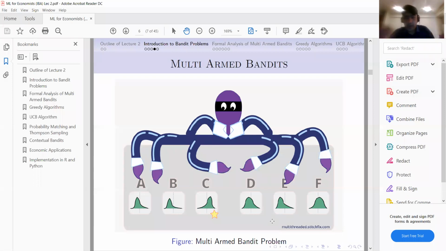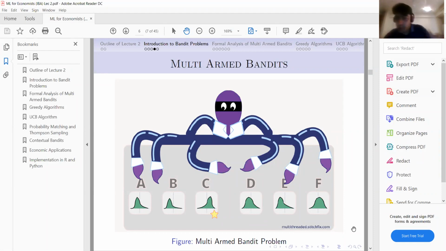Over time, you have to decide at any given point in time whether you want to choose arm A, arm B, arm C, arm D, arm E, or F. And over time, you have to optimally design the path of decisions that you're taking. And since you don't know the reward probability, since you don't know the reward distributions corresponding to all these arms, there is going to be an exploration trade-off.